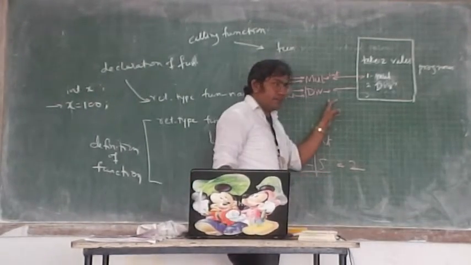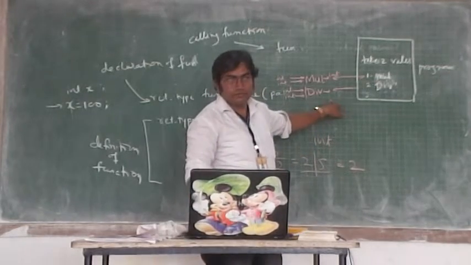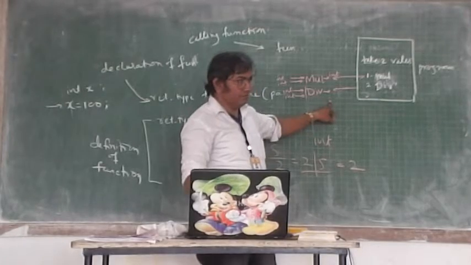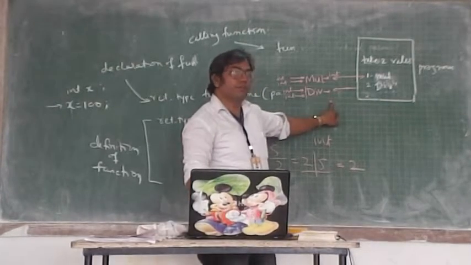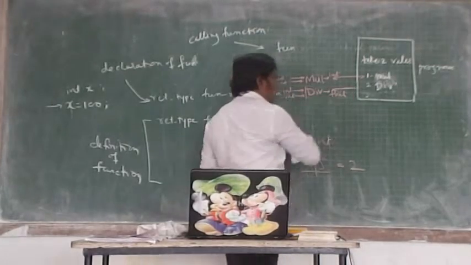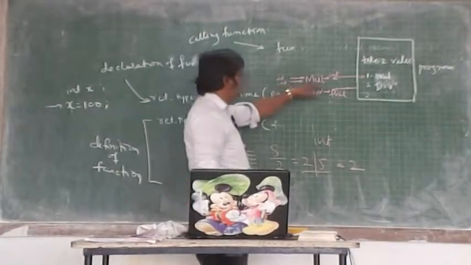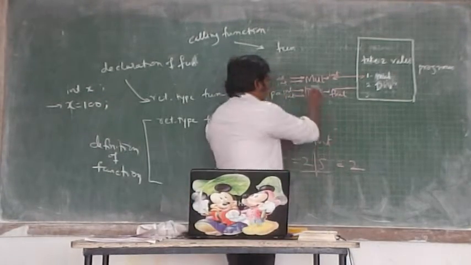So we decide that we will store our result in floating point. Our result would be of type floating point. So I found my return type is float. And what is the logic inside the multiplication?